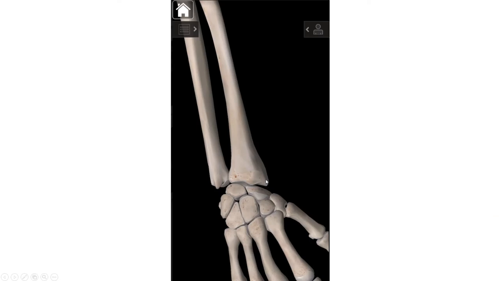And then, not super obvious on this, but it is really obvious on the bones in the lab, you'll see this series of ridges on the posterior aspect of the distal radius. That's the dorsal or Lister's tubercle. And so that's one of the landmarks that I'll use for right and left in the radius. And so what I'll do when I want to determine right and left is I know that that set of ridges, the dorsal tubercle, has to be on the back, because remember that dorsal and posterior mean the same thing.